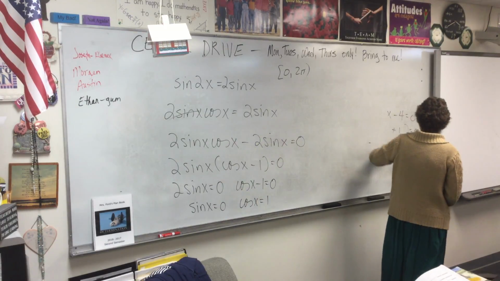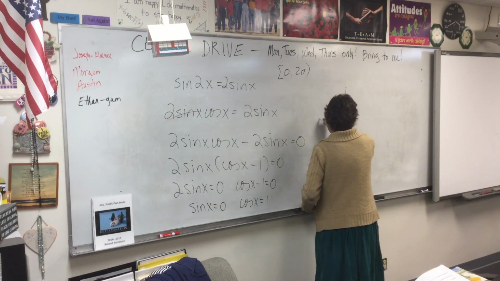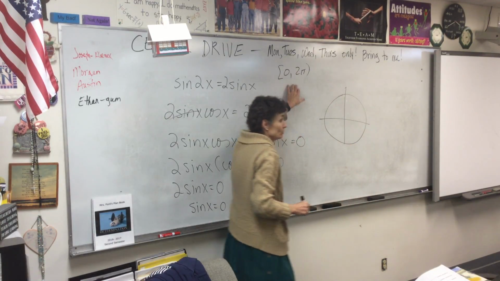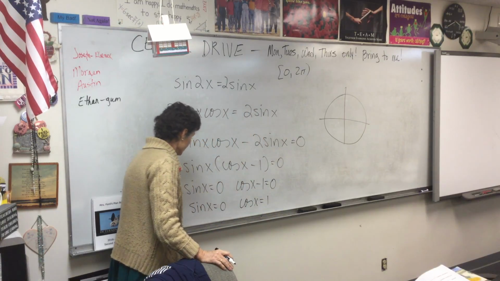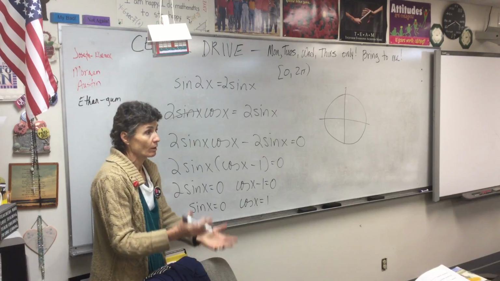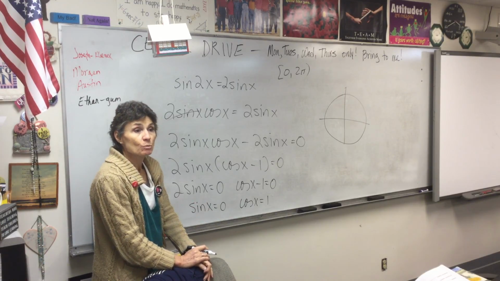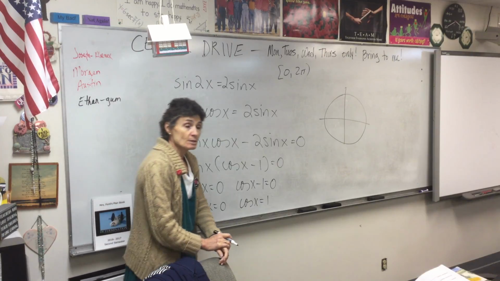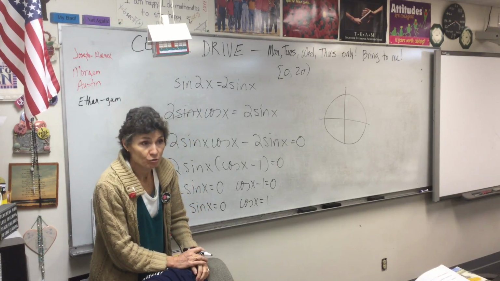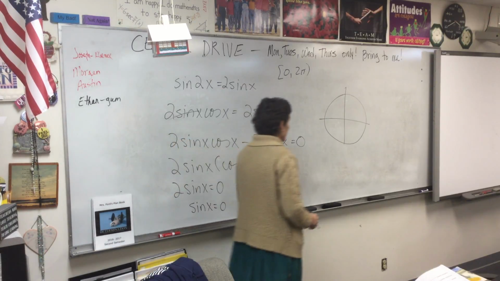How are we going to figure out where that happens? Remember, you're looking all the way around the whole circle, the whole revolution. How do we figure out where the sine is 0? Sine is y over r. So it's impossible to draw a triangle with a side of 0, right? So I'm not even going to draw a triangle.